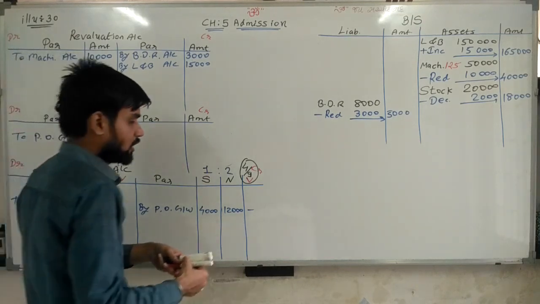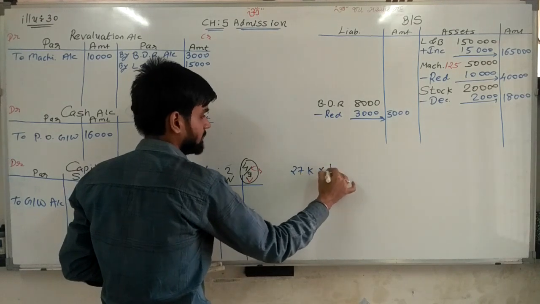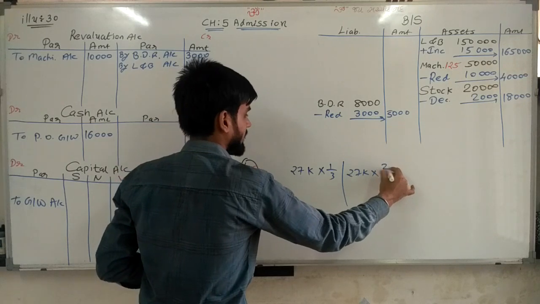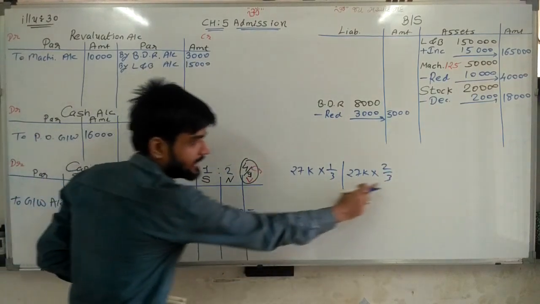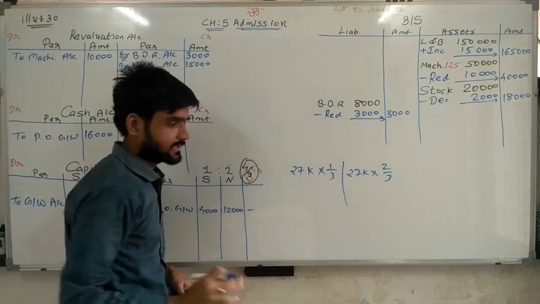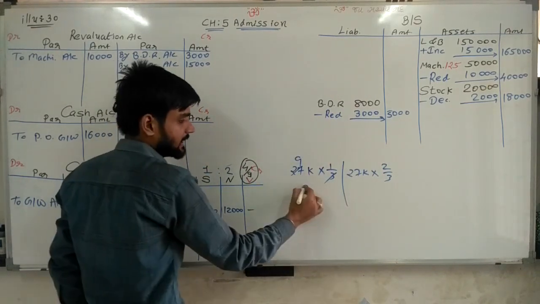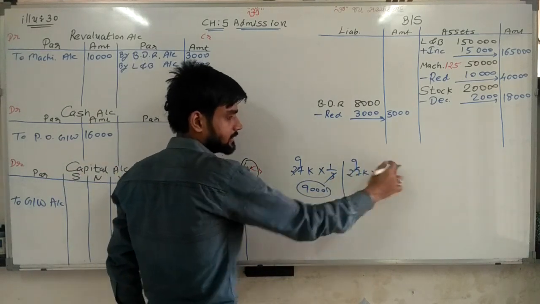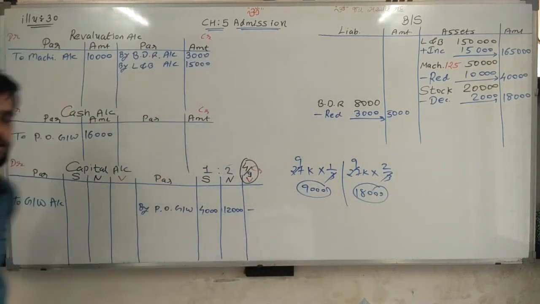So 27,000 multiplied by 1/3 and 27,000 multiplied by 2/3. 1 plus 2 is 3, so divide by 3. 9 3s are 27, so 9,000, and 9 2s are 18, so 18,000.